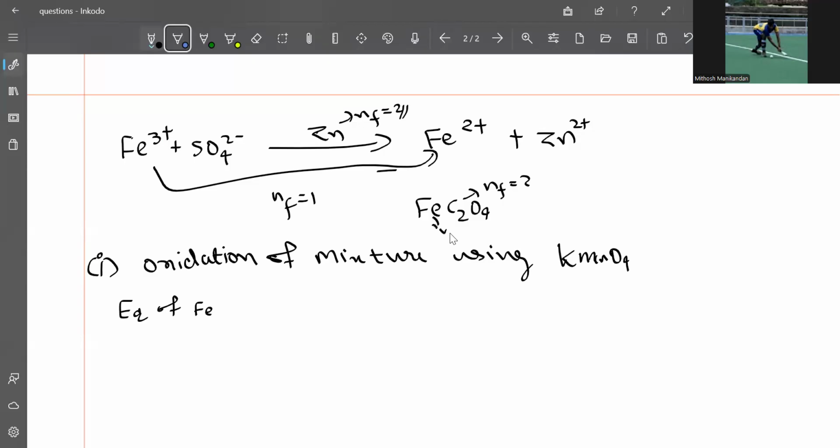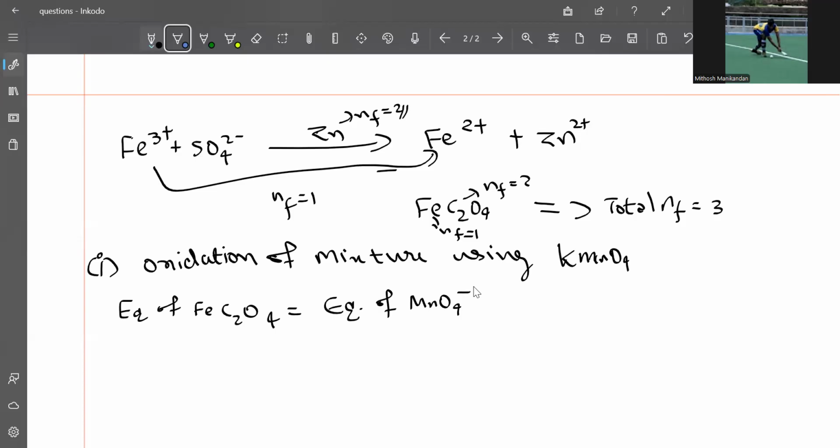This n factor is 1. So total n factor is actually 3, correct? So equivalent of FeC2O4 is actually equal to equivalent of MnO4-, correct? So you have 3 multiplied by, right?